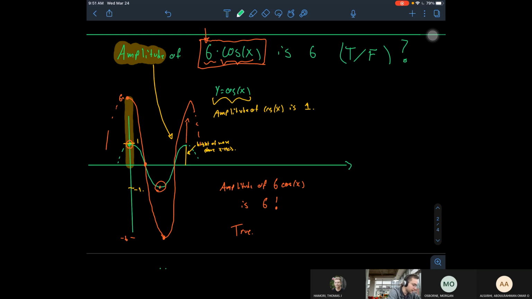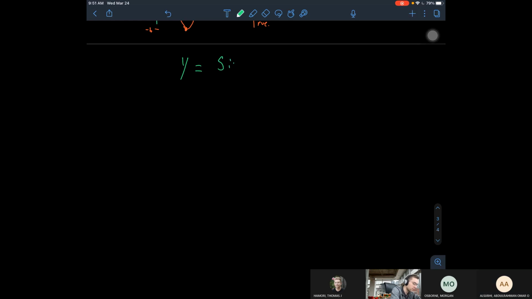Now, because we understand the amplitude and period of cosine and sine, if we transform those functions, we can understand the period and amplitude of the transformed function. So here's what I can say. If we have y equals sine of x, this function has period of 2 pi and amplitude of 1. Agree? Yeah.